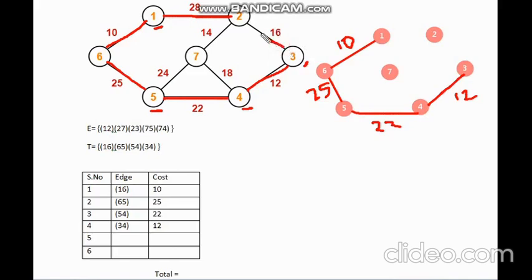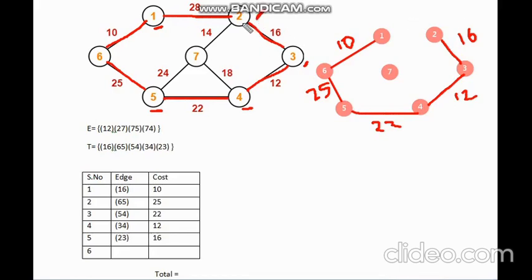Hence 3 to 2 with 16 cost. Okay, so here 3 to 2 is not forming a cycle. Then I am removing it from E and adding it in T, and I am taking 2 3 as the fifth edge with 16 cost. Now I am at 2.